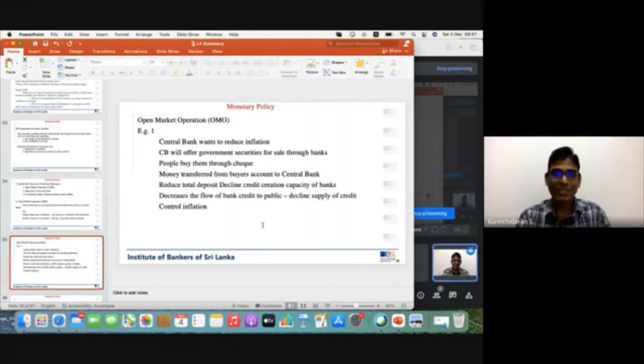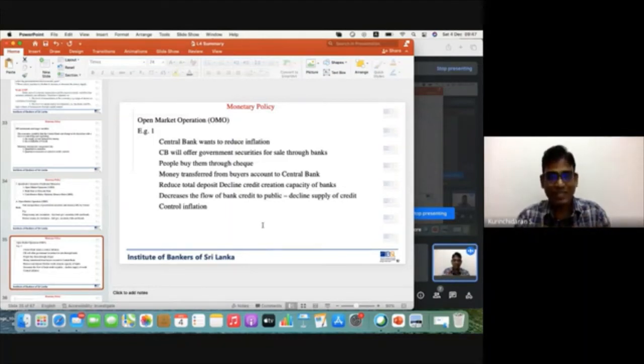Now, sometimes I don't go into so much detail. Sometimes we also have a reserve account between the bank and the central bank. If the central bank is going to give money to a bank, it doesn't mean the central bank prints the money and gives it to the bank.